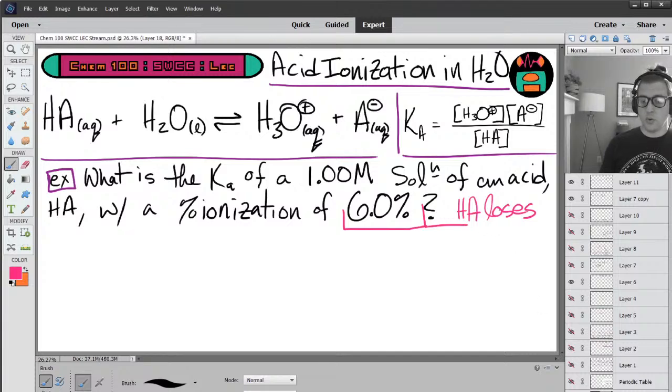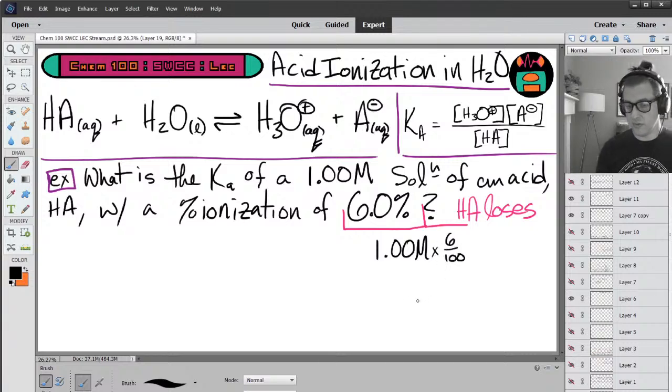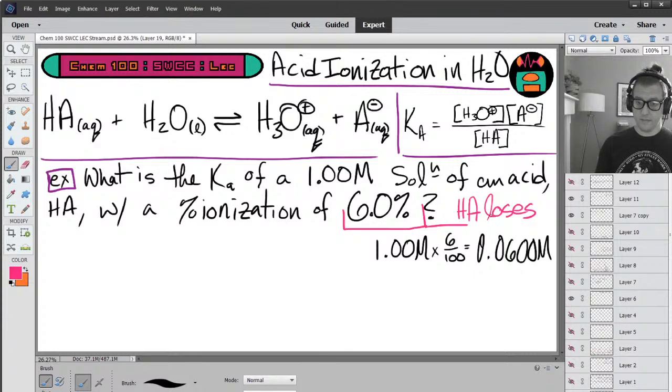So we need to figure out how much HA loses. 1.00 molar times 6%, right? That's 6 over 100. So HA is going to lose 0.0600 molar. All right, that's how much it loses.